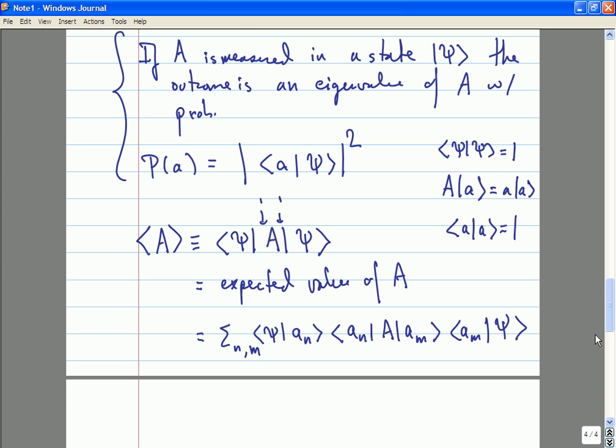And using the fact that a_n and a_m are eigenstates of A, this will be equal to a_n times the overlap of a_n with a_m.